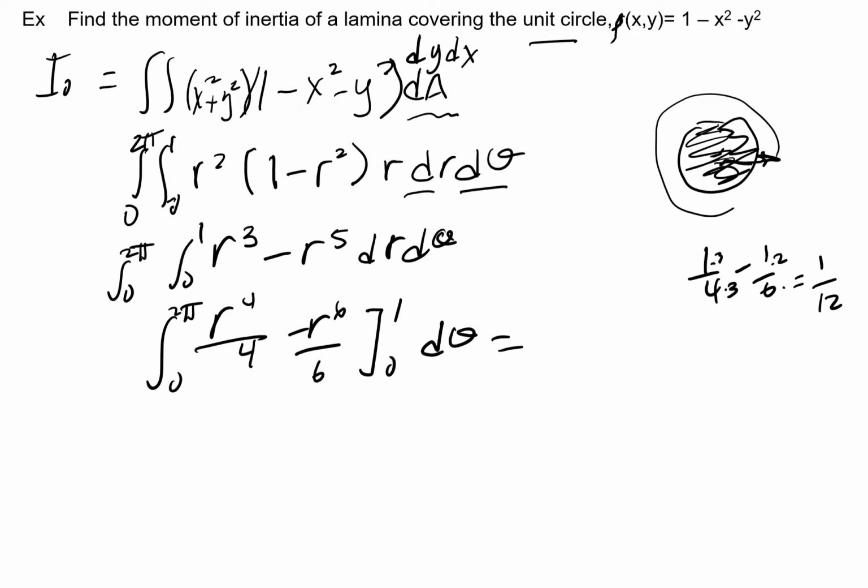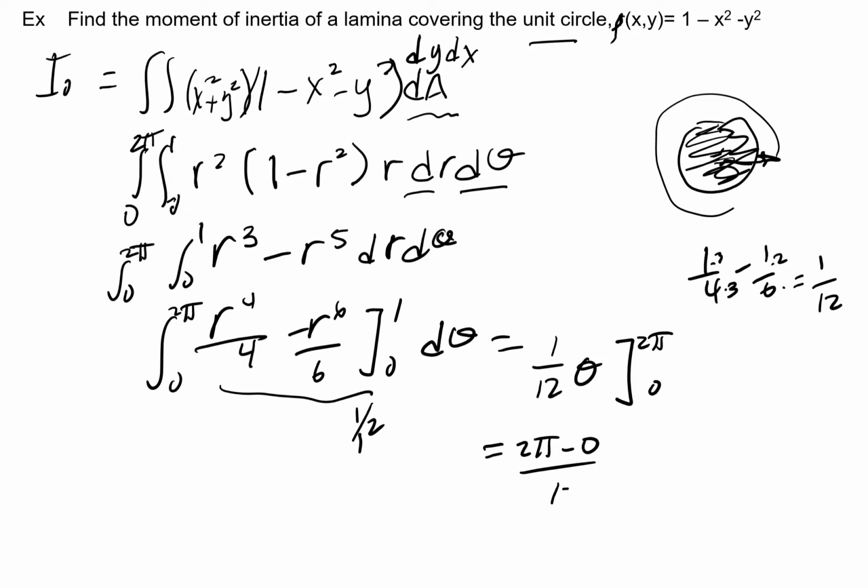And that's all that we end up with inside. There's nothing that's a function of theta, so we get just the integral of 1/12 d theta, that's just going to give us 1/12 theta, and we will evaluate that between 0 and 2 pi. So we're going to end up with 2 pi minus 0 over 12, which is equal to pi over 6.